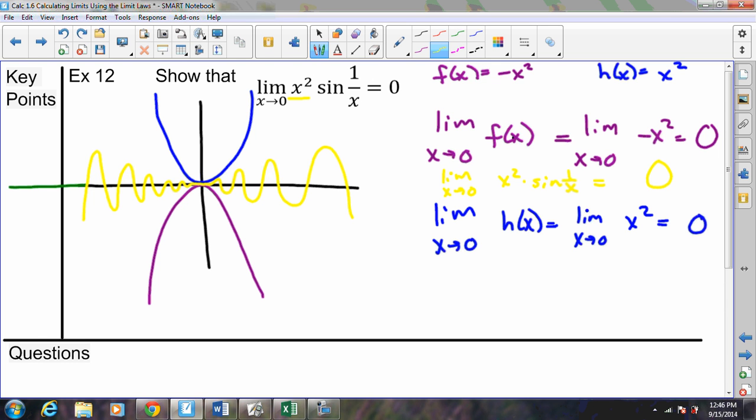We didn't have anything that would work, but this piece will. We can sandwich the yellow in between the blue and the purple, and then when we squeeze the sandwich together, they all get crushed down to the same point. That's what the squeeze theorem does for us.